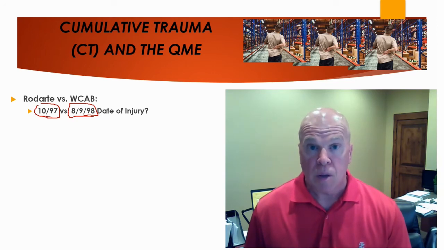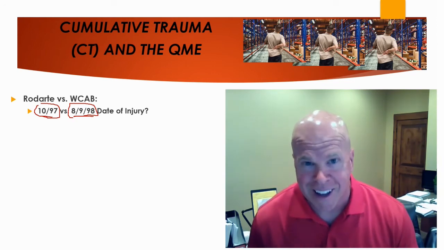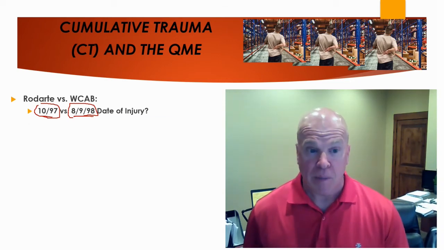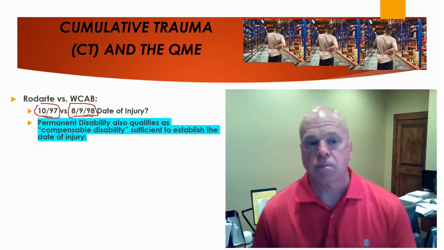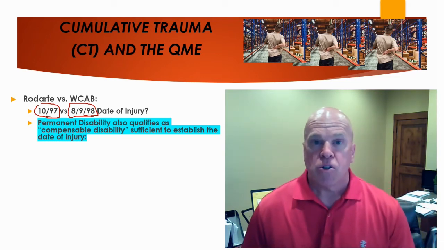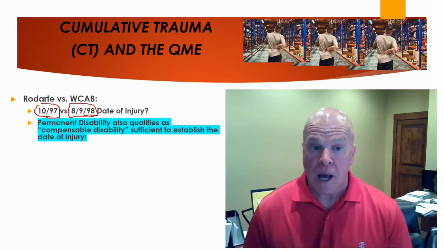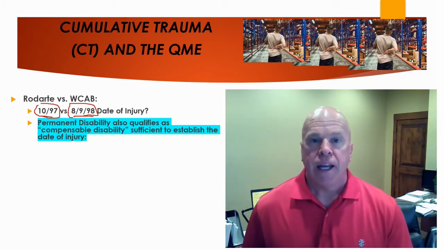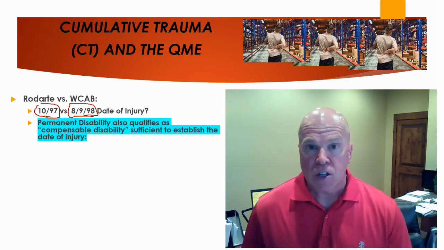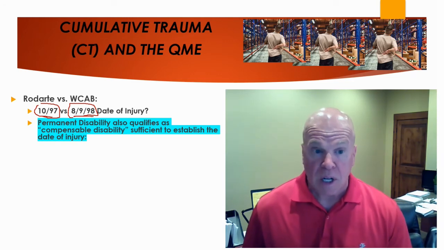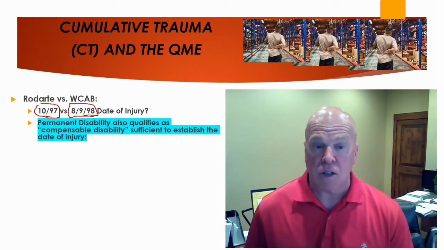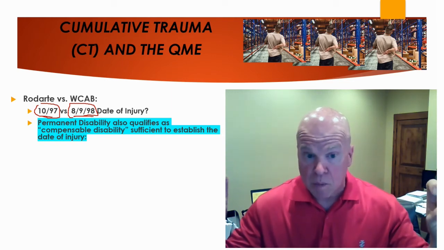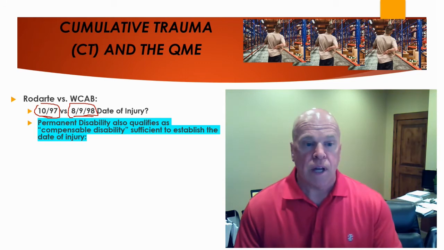All parties are going to be acutely interested and attuned to who's liable for the benefits. Well, the Workers' Compensation Appeals Board eventually opined on 8/9/98 as the date of injury, and they supported that determination by establishing that permanent disability also qualifies as a compensable disability sufficient to establish the date of injury.